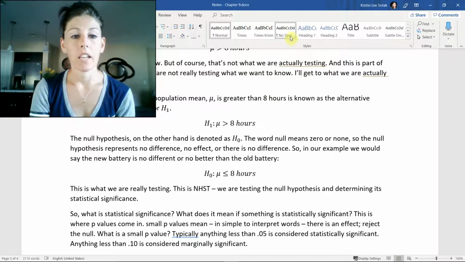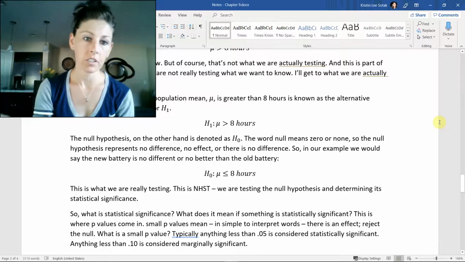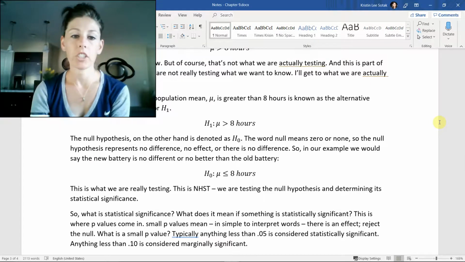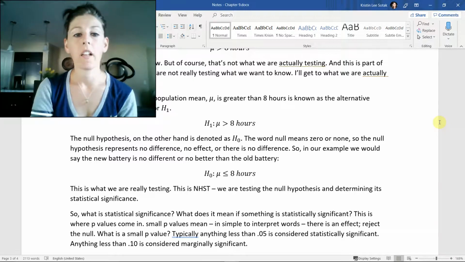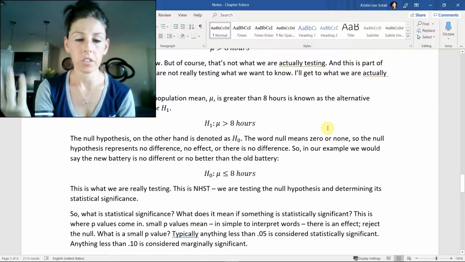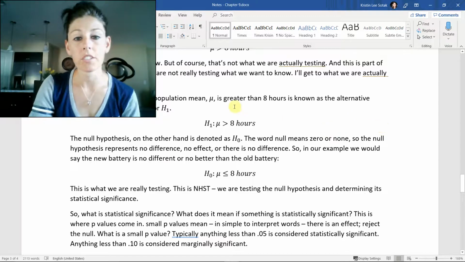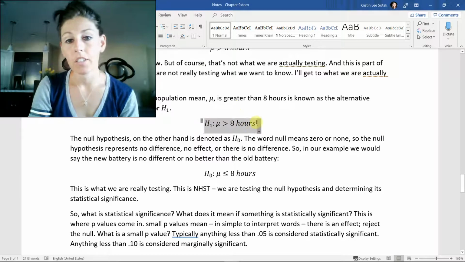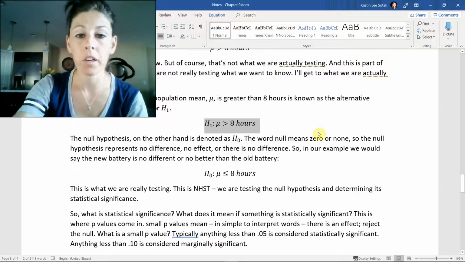It's labeled as H sub A, alternative hypothesis, or H sub 1, meaning H with a little script 1. Your book, I think, uses HA. I used H1 just because the null hypothesis is H0, so I just keep the numbers the same. So this is the alternative hypothesis right there. So in terms of understanding hypotheses, at least we got one of them down. It's what we really want to know.